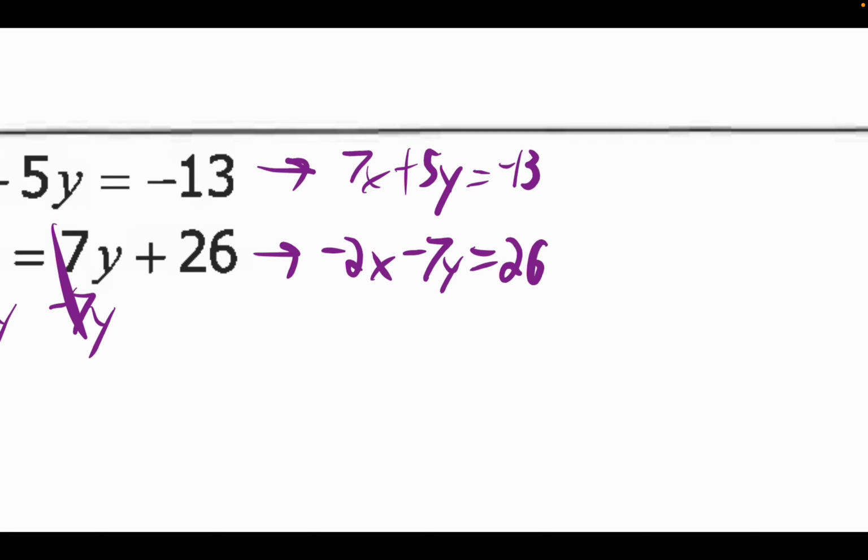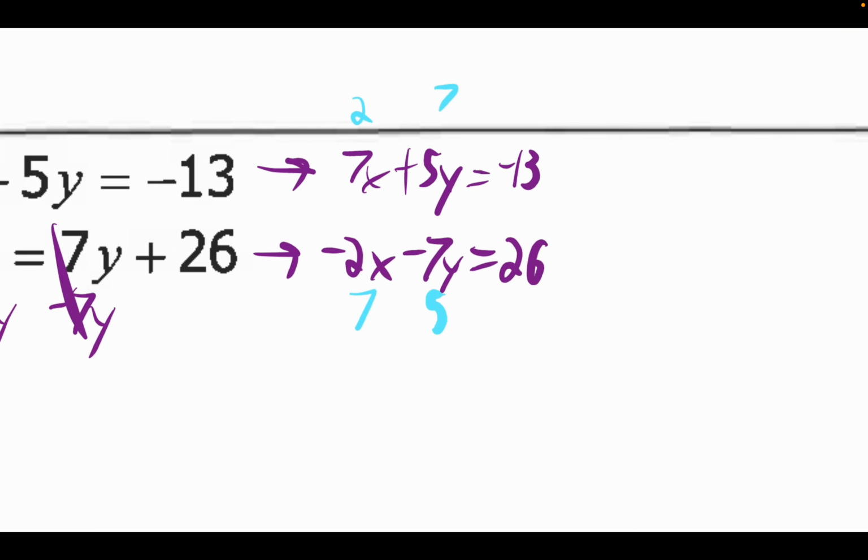And so now as we look to multiply the equations, we say 7 and 2 can multiply up to 14, so it'll be by a 2 and a 7. Neither one of them needs to be negative since they're already opposite signs. And 5 and 7 can multiply to 35, so it'd be a 7 and a 5. Once again, they can both be positive since they're already opposite signs originally.